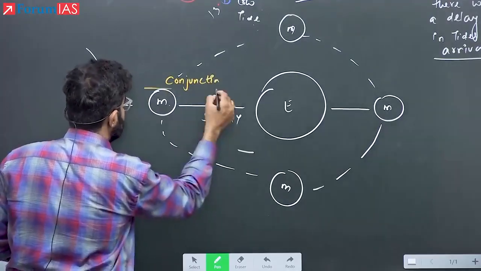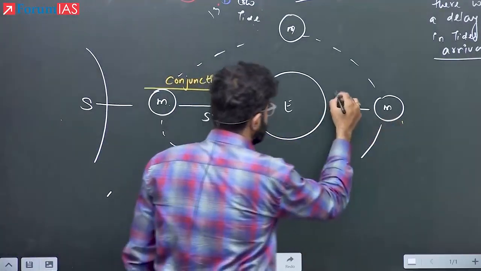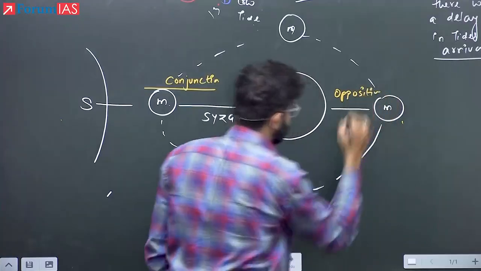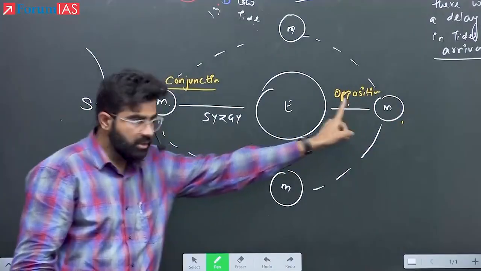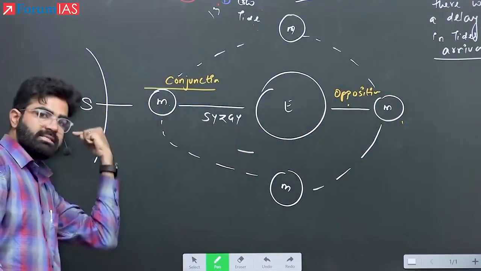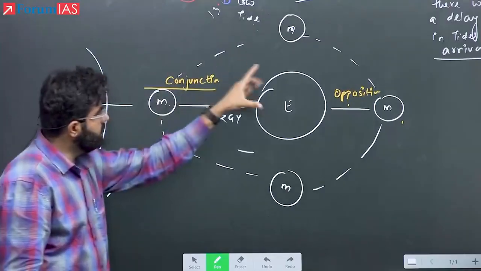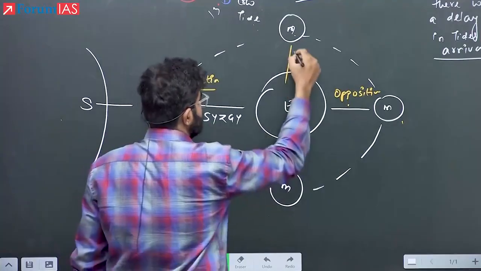And when they are opposite, means sun is here, earth is there, and then it is the moon, then it is known as syzygy opposition. Syzygy means they are in line. One is when the moon is on the opposite side, then it is known as syzygy opposition. The one condition when moon is on the same side as the sun, then it is known as conjunction. If the moon is not in this line, rather moon is here, then this position is known as quadrature.